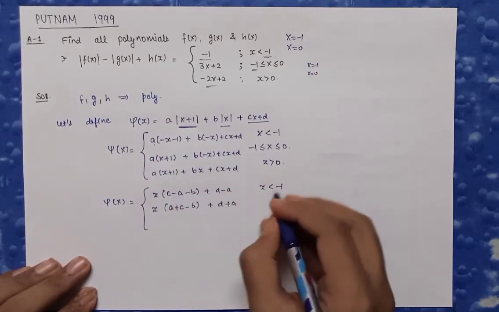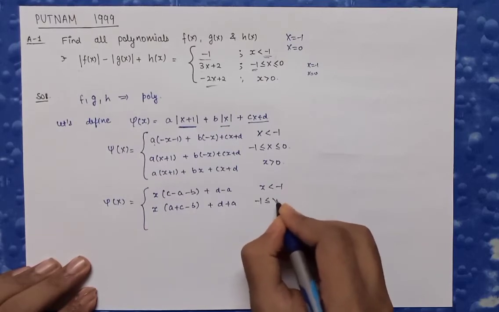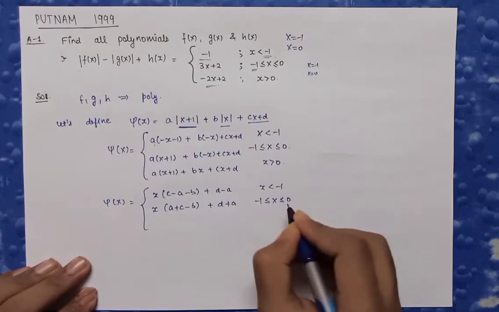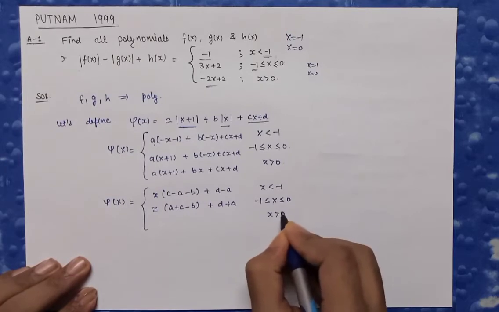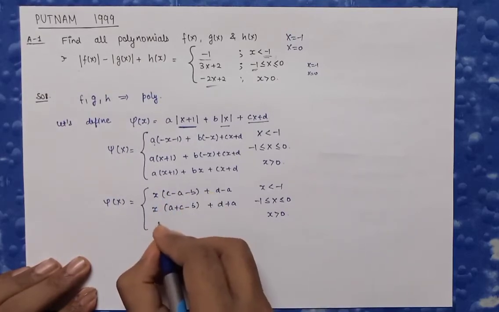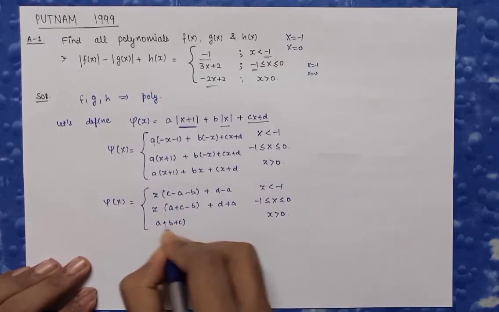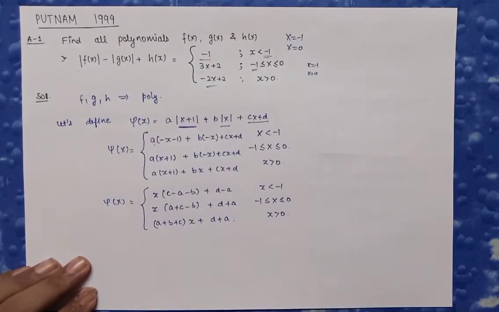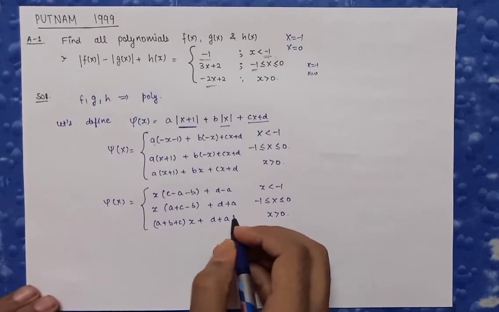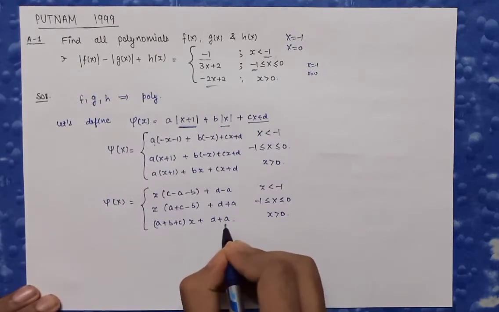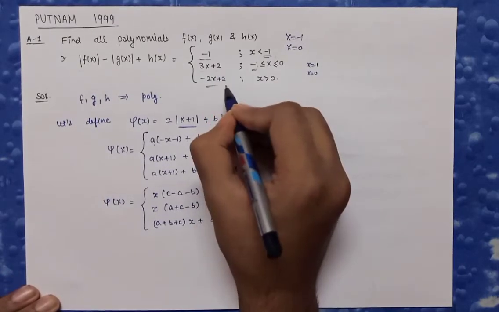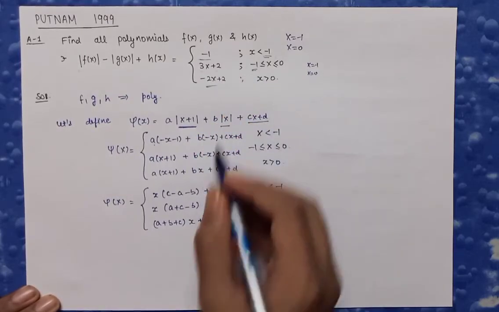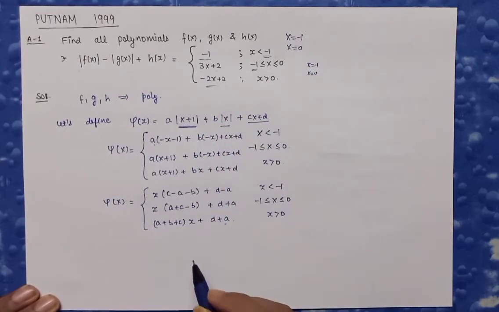And now when x is positive, what I will get is (a plus b plus c) x plus (d plus a). You can clearly observe that d plus a is the same in both, and the coefficient a plus c plus b appears as well. This is just an observation point.